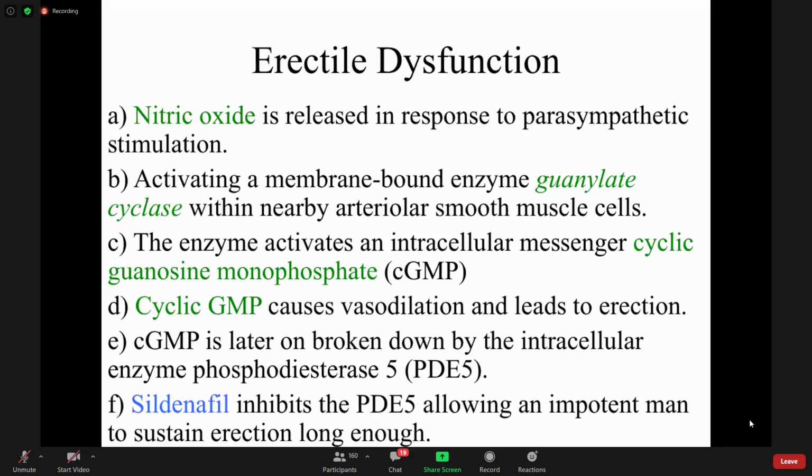So let's say we have the release of nitric oxide, arterial dilation, the deposition of blood into the spongiform spaces of the penis, and then we have the activation of the enzyme cGMP, or cyclic GMP, that eventually is going to break down the erection.